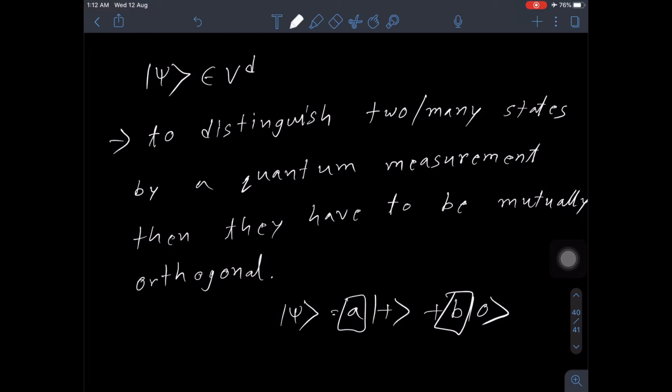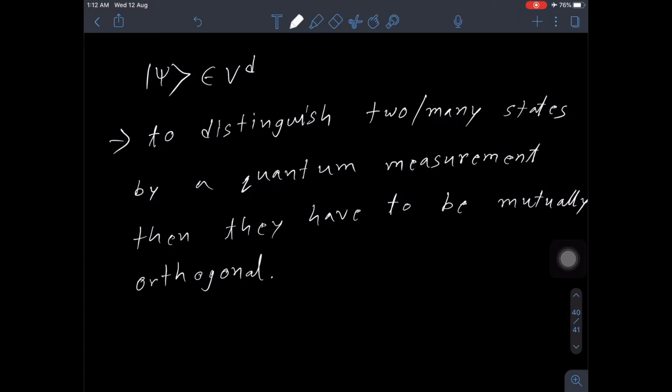But if it were plus and minus, then you could have done that. So if you want to distinguish different possible states, they have to be orthogonal to each other. That's the main idea of this statement.